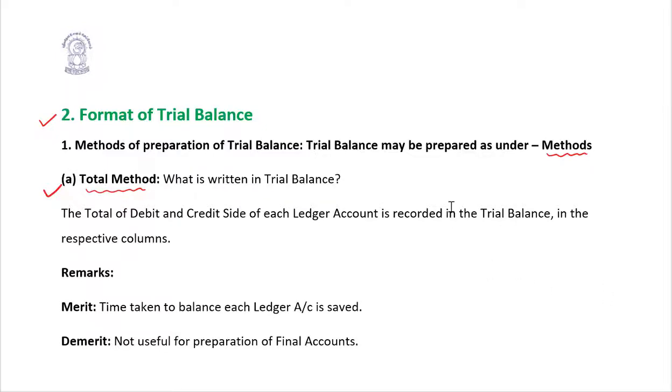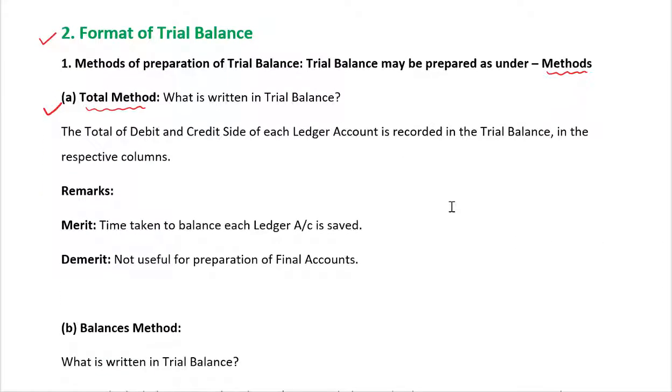What is written in the trial balance in case of the total method? The total of the debit side and the total of the credit side of each ledger account is recorded in the trial balance. Let's see the remarks.